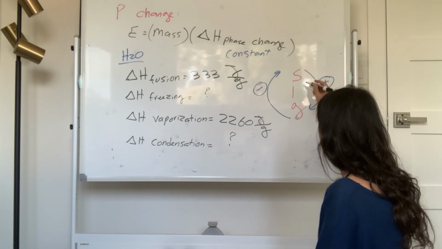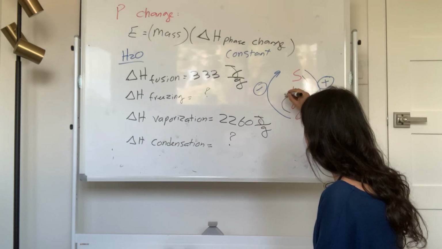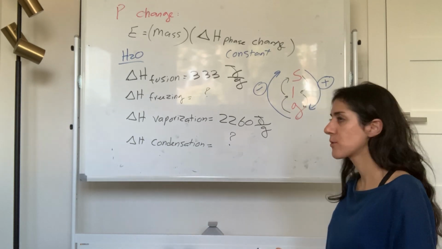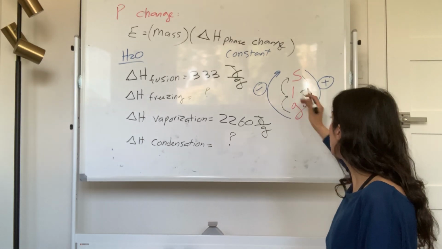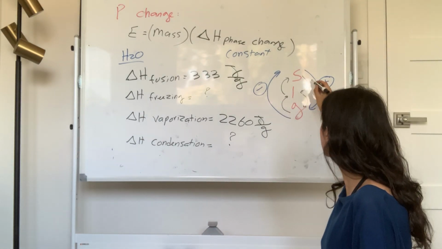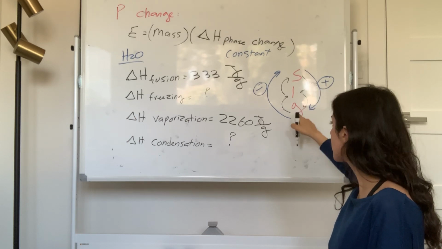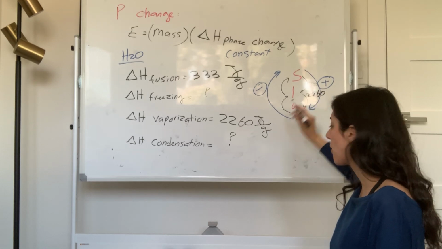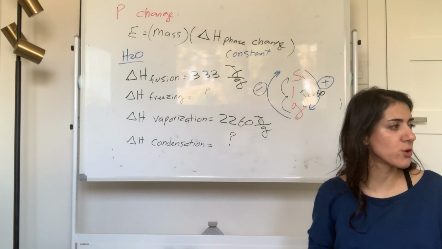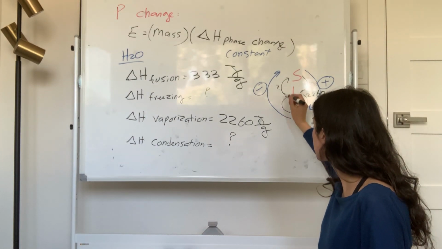Also, we can go from solid to liquid, liquid to gas, gas to liquid, and then liquid to solid. Now, for fusion, when you go from solid to liquid, this number is 333. And for vaporization, this number is 2260. I did not give you freezing and condensation. Why didn't I give it to you, these numbers?